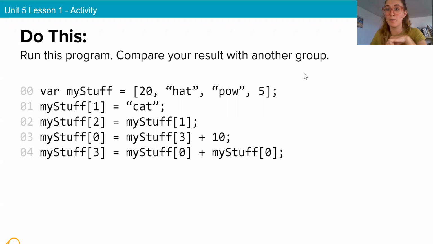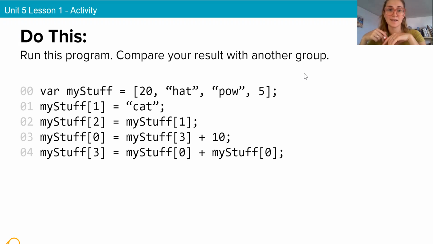That list is made up of 4 elements, 20, hat, pow, and 5. Elements are all listed in those square brackets. They're separated by commas. Numbers do not need any quotation marks, but strings do. So that's where the hat and the pow are in quotes. So that takes care of the 0th line.